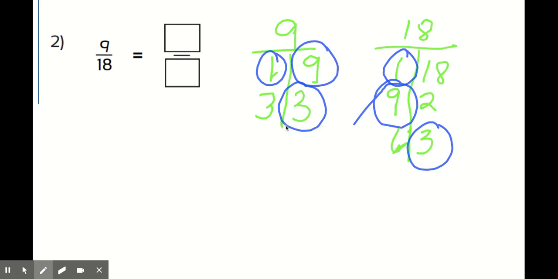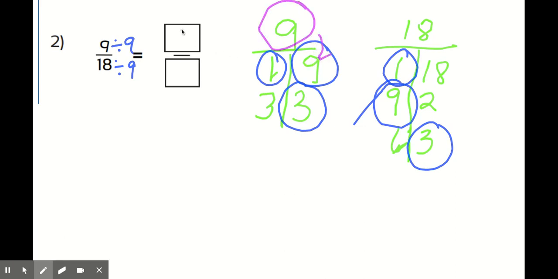And remember, if you have more than one choice, you got to choose the biggest number. Out of these 3 numbers that we circled, 9 is the biggest number, so I'm going to divide top and bottom, the numerator and denominator, by 9. Okay? And I'm going to write it out so I don't get confused. Now you got to think, what's 9 divided by 9?